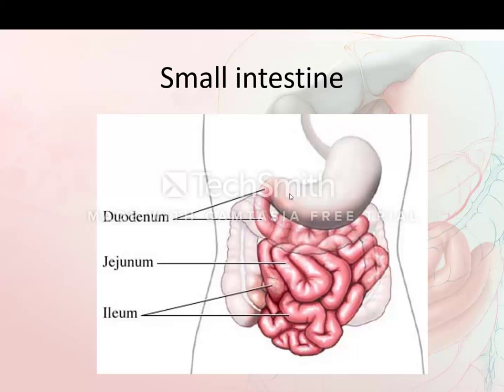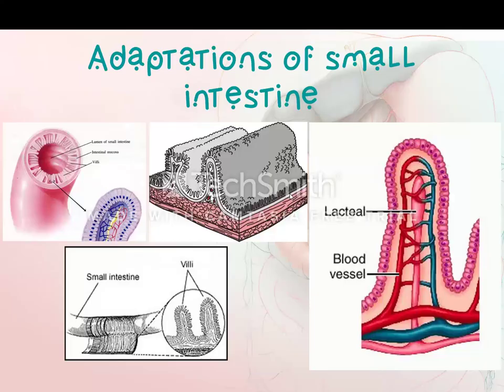Now we pass it into the small intestine where it's broken down into its simplest form. If you remember from grade 10, you spoke about carbohydrates, proteins and lipids and the monomers of each one. We are now going to break down those food groups into their simplest form in the small intestine. We therefore have to understand how the small intestine works.